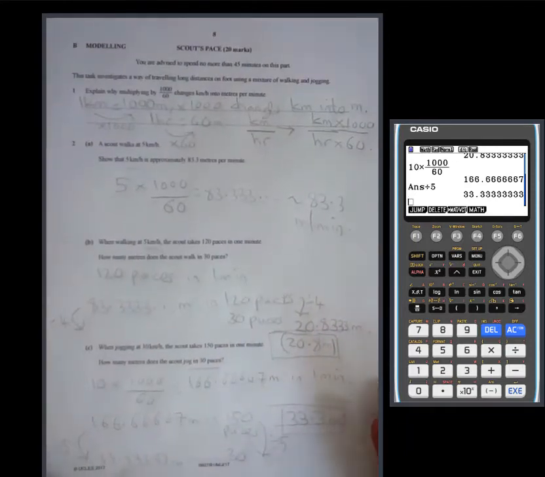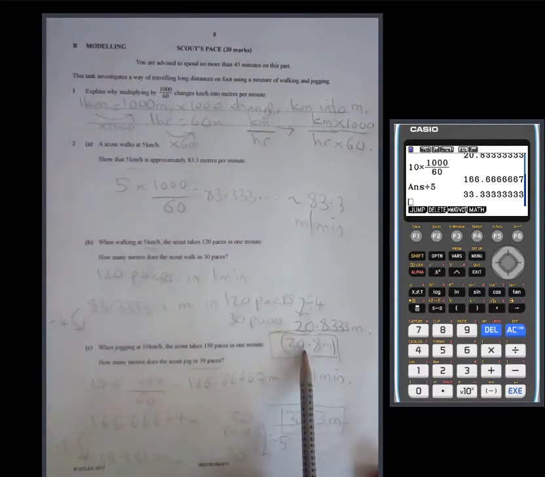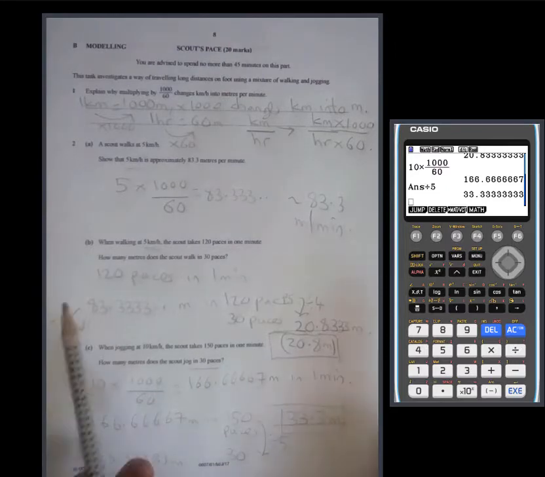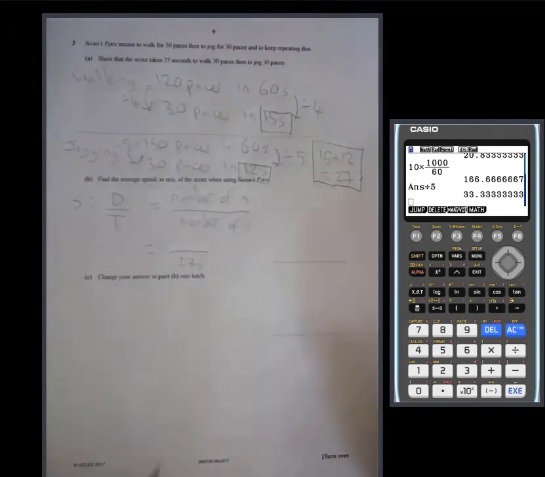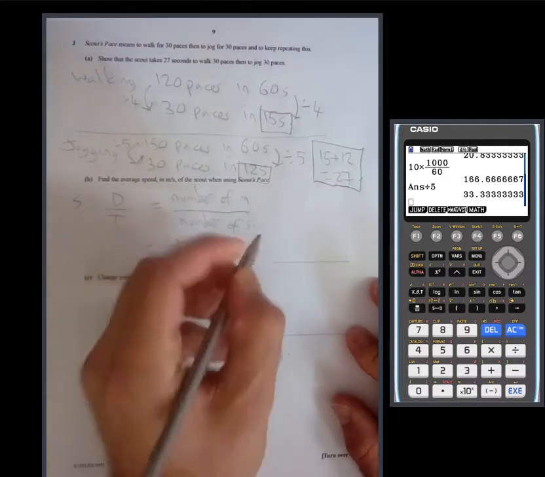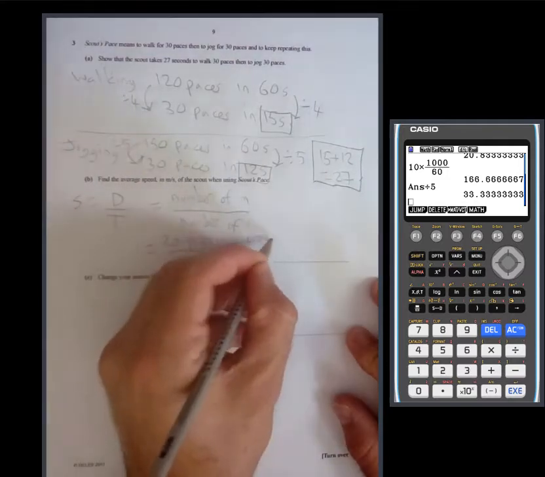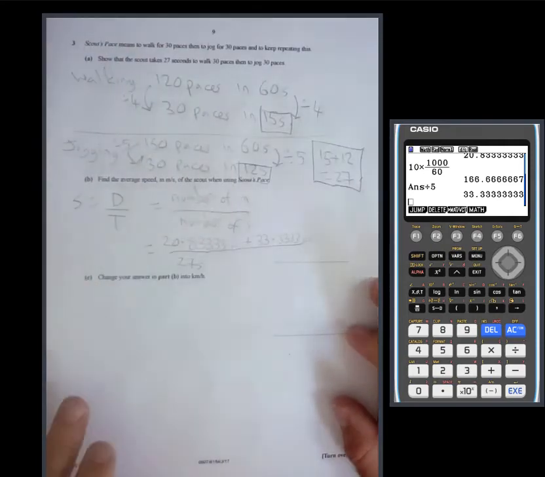So number of meters the Scout walks in 30 paces was this 20.8, but use the long number. The number of meters the Scout jogs when doing Scout's pace, 30 paces, is 33.3, but use the long number. So we've got 20.833333 for walking, plus 33.33333 over 27.